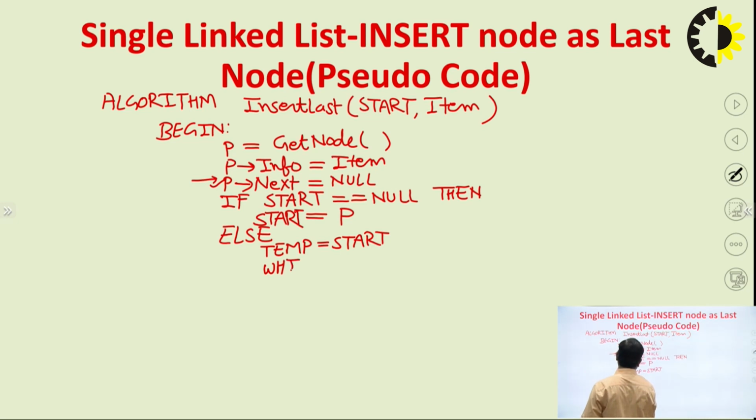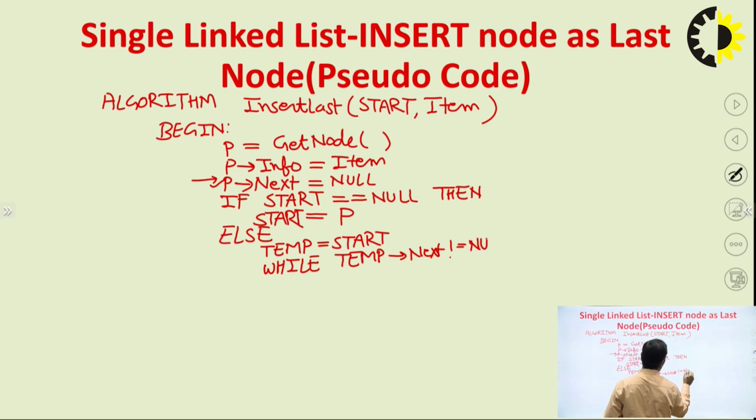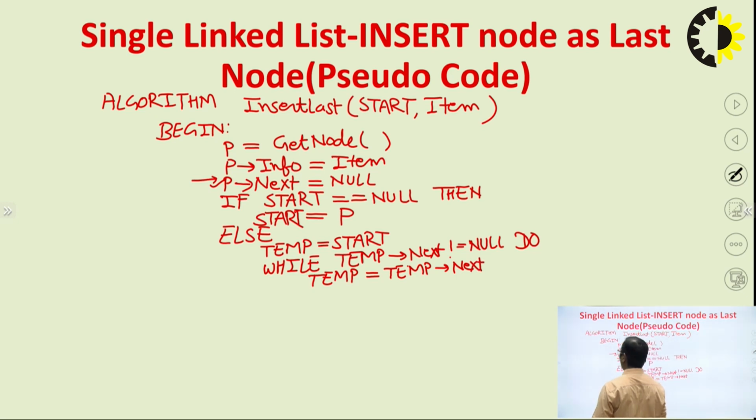So inside the else we write while temp arrow next not equals to null, do. So what we have to do? Update the temp pointer, temp equals to temp arrow next. Now after this loop, temp will contain the address of the last node.